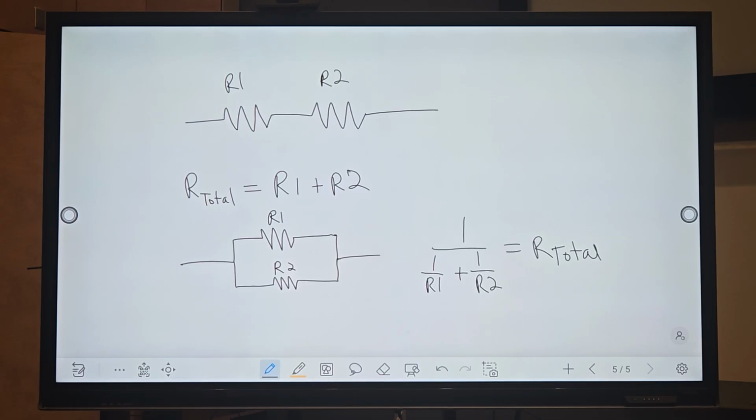Yeah, okay. I'm just trying to remember that off the top of my head. It's a little bit more mathy to calculate resistors in parallel, but those are the two configurations that you can have, really, and various permutations and combinations of those.